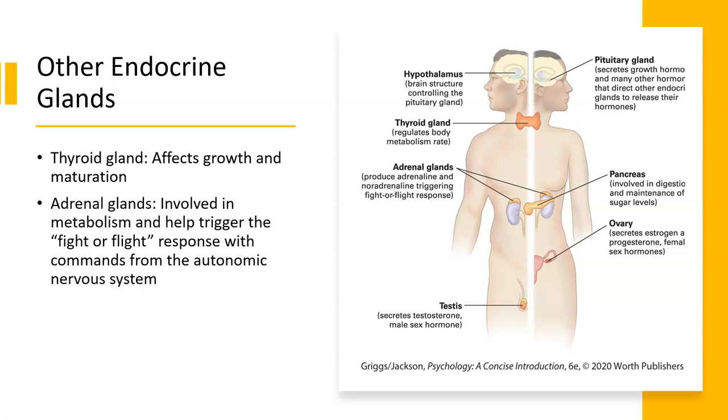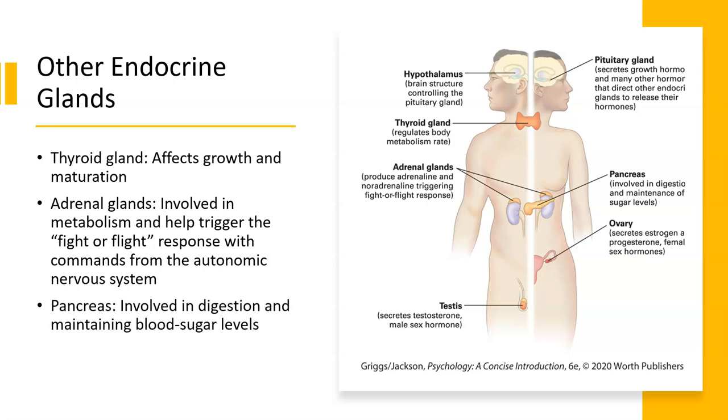The adrenal glands, which lay on top of the kidneys, are heavily involved in that fight or flight response. They're going to receive commands from the autonomic nervous system to flood the body with these fight or flight hormones that tell the body to get ready to fight or get ready to run, basically respond to the emergency.